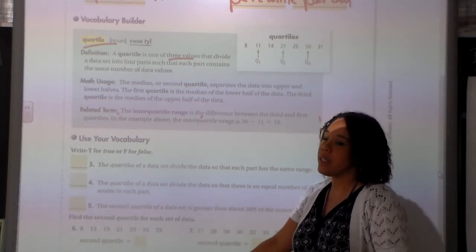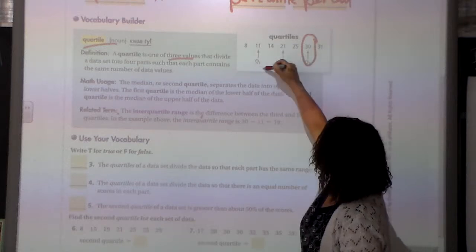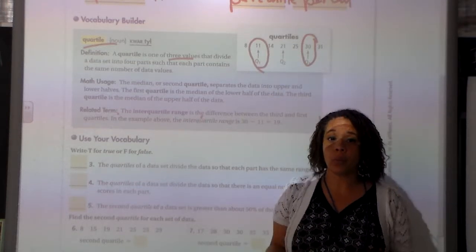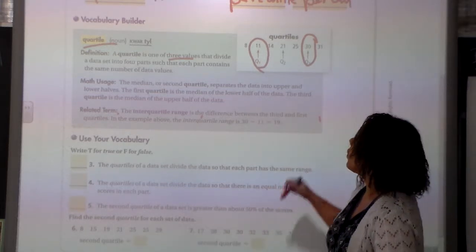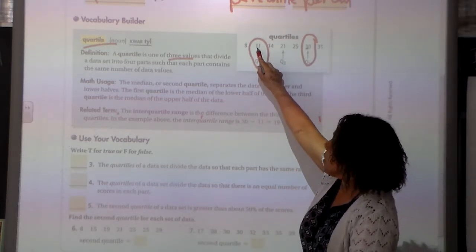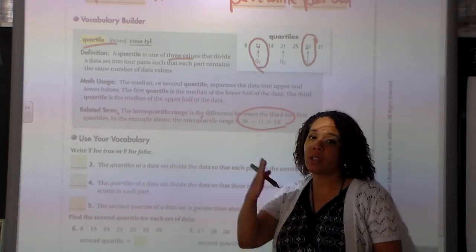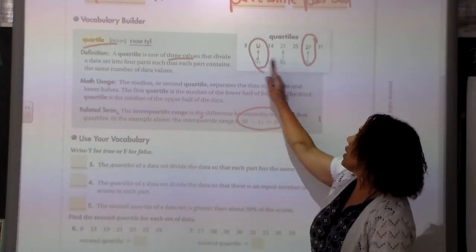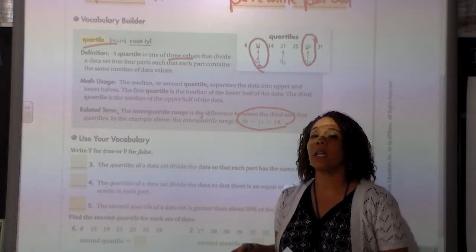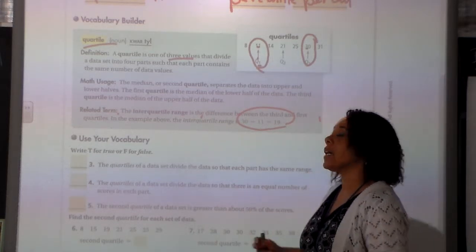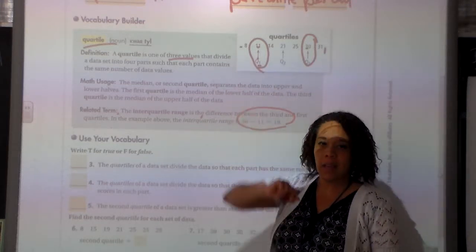We already know the word range, but this is new, where it's the interquartile range, where we're going to subtract 30 minus 11, which would give us 19. So our interquartile range would be 19, the difference between those two. Totally different from what would be our normal range when we look at measures of central tendency, where we would have done 31 minus 8.